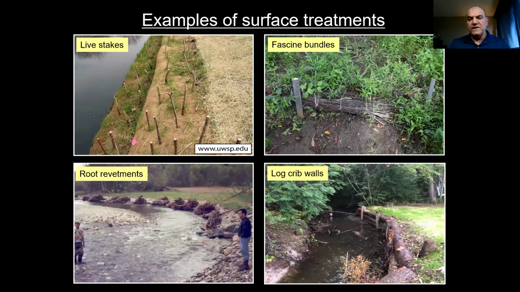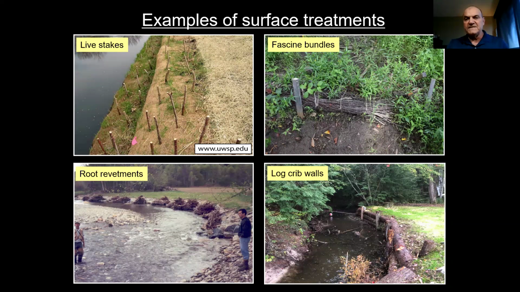Then, after considering doing nothing and off-site measures, we can consider a number of different bank stabilization techniques at the site of the erosion, breaking this down into surface treatments, a number of different types of surface treatments that can be used.